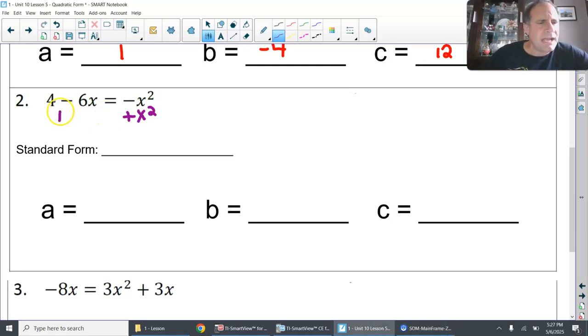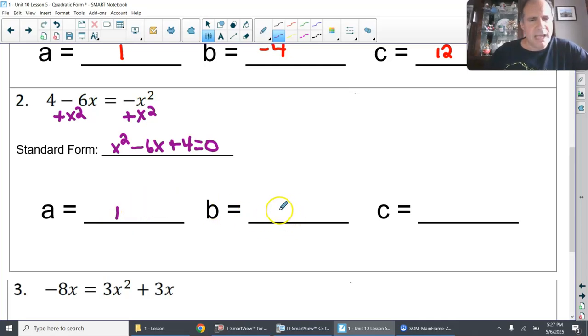So now I'm going to add the x squared on both sides, and I'm going to get x squared, put that in standard form right away, minus 6x plus 4 equals 0. And now I'm able to identify a is 1, the b is negative 6, and the c is 4.